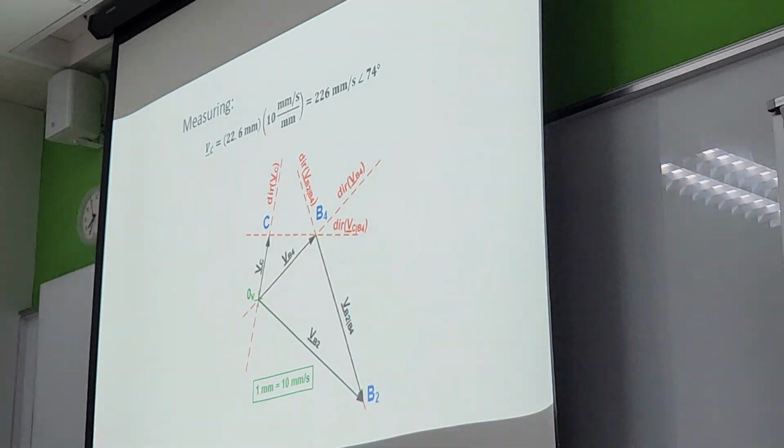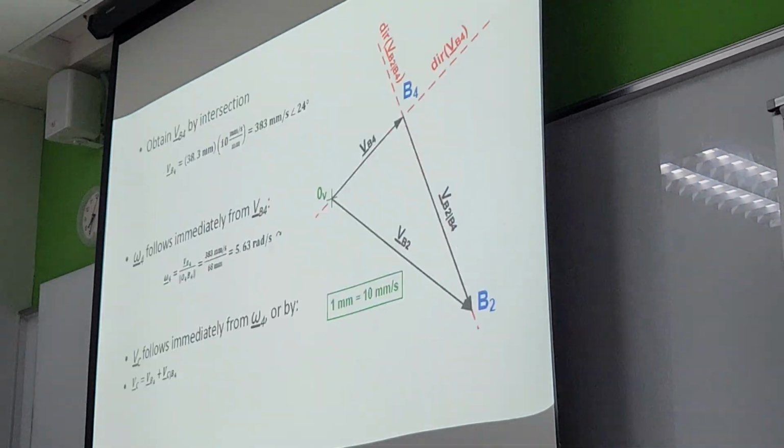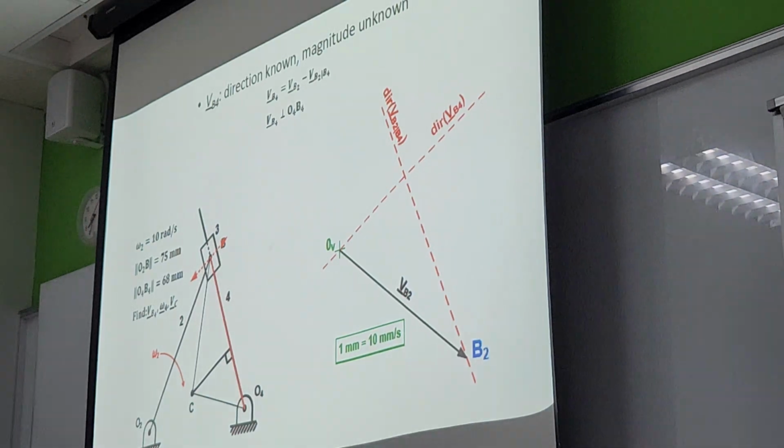Okay, so now we have points where the point is common to two links. This example is slightly different because we are dealing with a point B, which is connected to link 2 and also link 3, and this B3 is sliding along link 4.